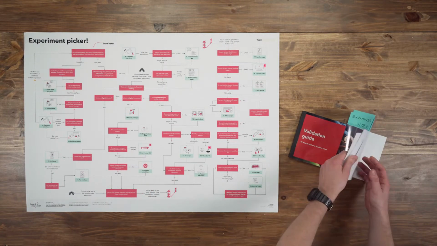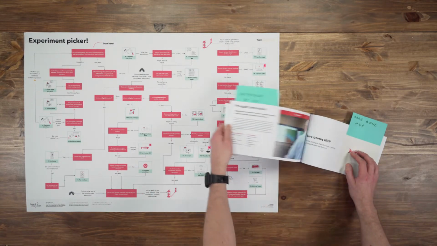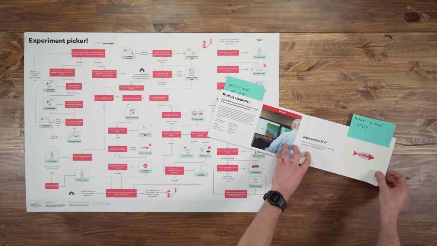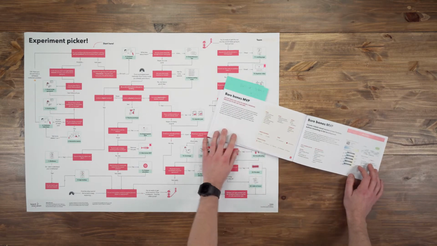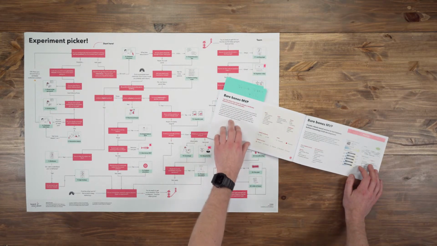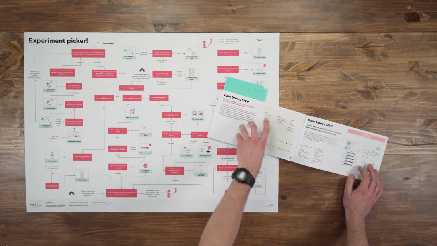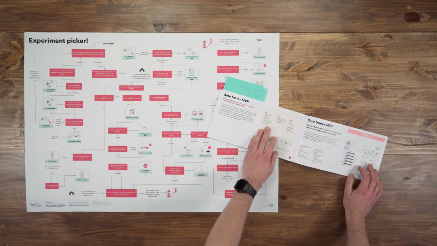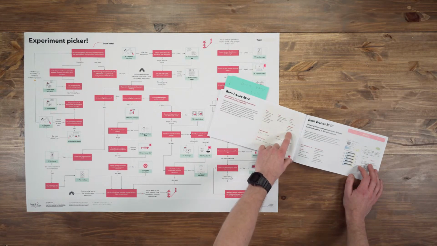Go over to your validation guide and then look up the bare bones MVP. And in here, it'll give you a nice in-depth explanation as to what the experimentation validation option is. So a description of it, some of the pros, some of the cons, some of the related tools that go with it, how you know when you'd be successful.